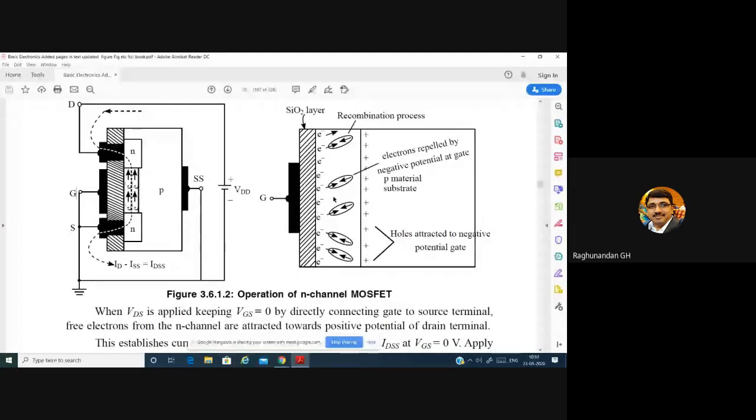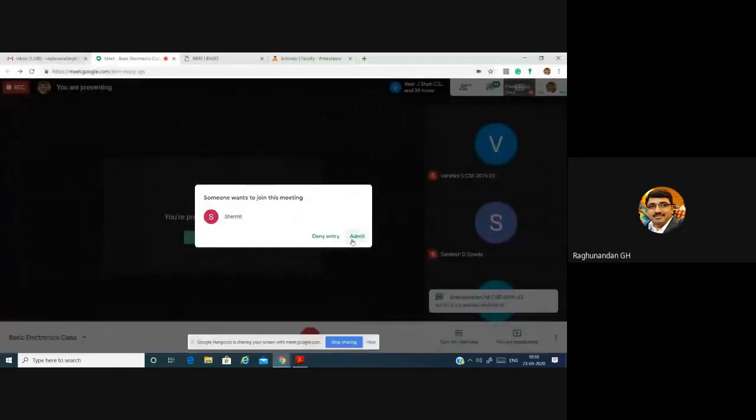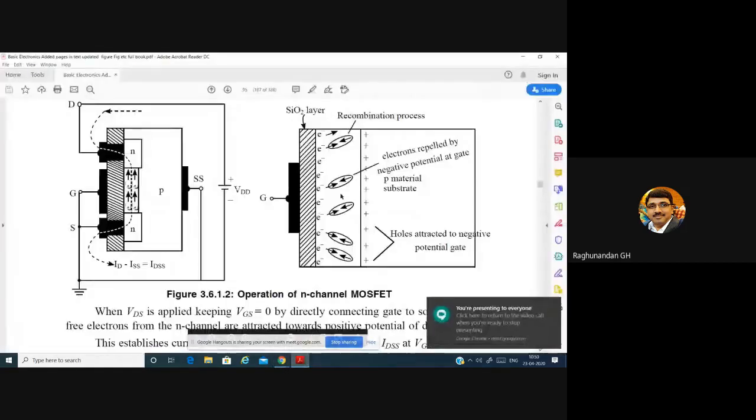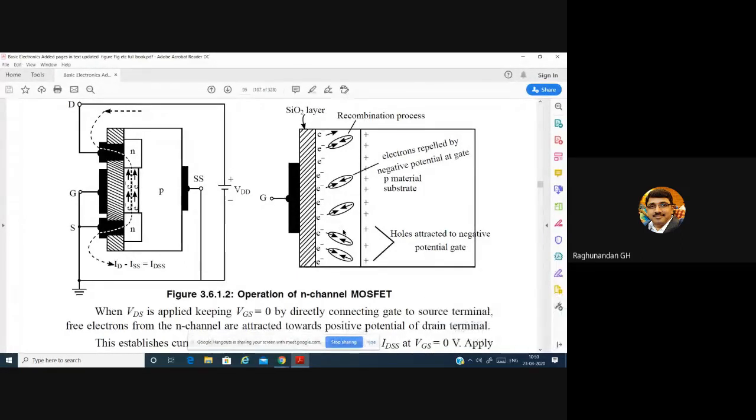The number of charges flowing from the source to the drain has increased. When the number of charges increases, the current flow from source to drain also increases. This is known as enhancement mode of operation.